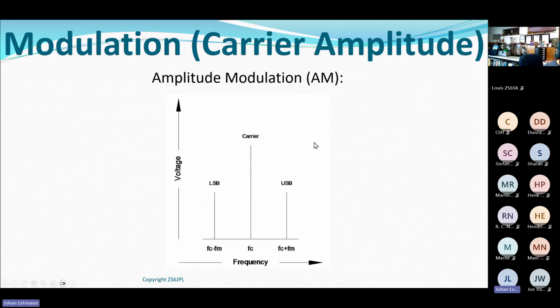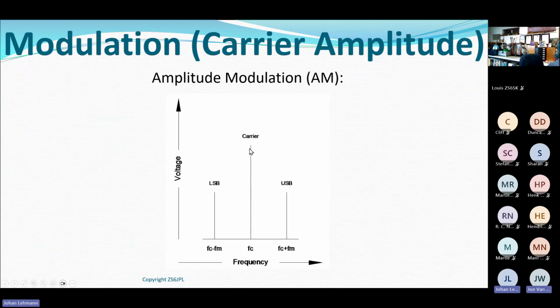Why don't we use it anymore? Because it is wasteful. If you want to look at fruitless and wasteful expenditure, you look at an AM modulated signal. That is fruitless and wasteful expenditure at its best. Why? Look at my carrier in relation to my sidebands, in other words, my information.